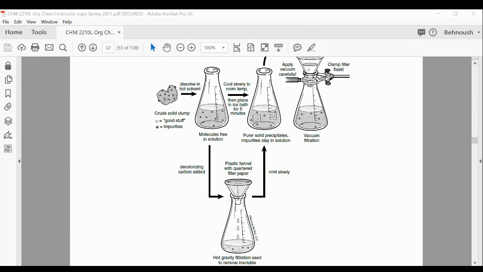The other class of impurities is known as the soluble impurities; they dissolve at low temperature. So when you dissolve the sample at high temperature and you cool it down, both the sample and the impurity are soluble at high temperature, but when you cool it down, your sample, which is not soluble, comes back to crystals, but the impurity would stay in the solution. So you have two types of impurities, and your solvent should be good enough.